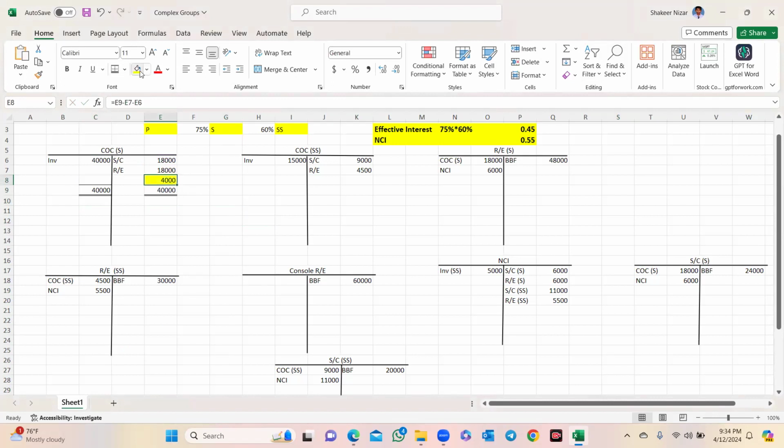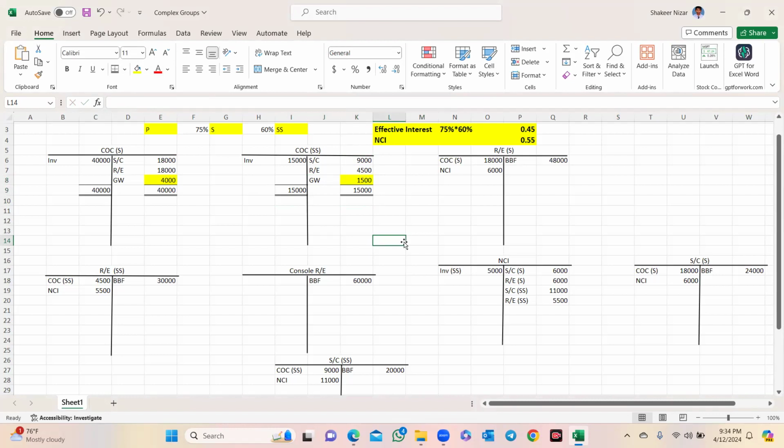The goodwill, let's say GW, and here again we can recognize with the sum 1,500, the goodwill, right? No gain on bargain purchase, right?